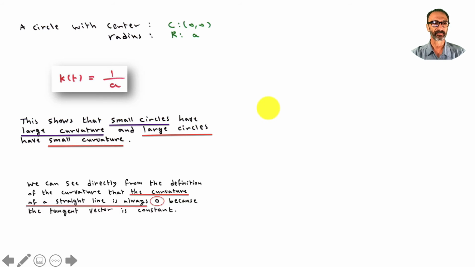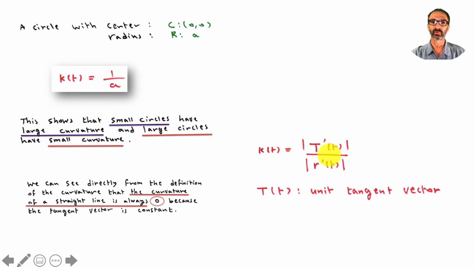Another comment. We can see directly from the definition of the curvature that the curvature of a straight line is always 0 because the tangent vector is constant. And if you go back, the derivative of the tangent vector will be 0 because the tangent vector t of t is constant, so t prime will be 0, which makes sense and it adds up.